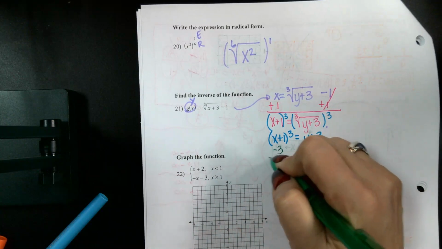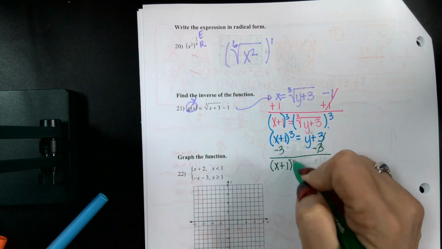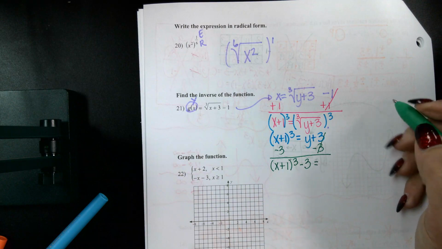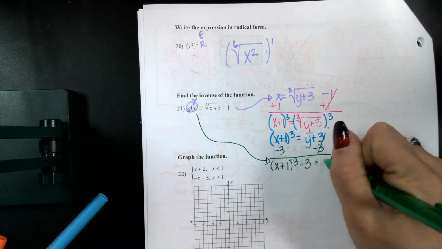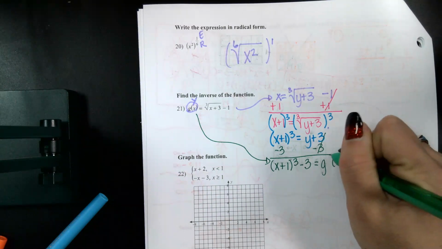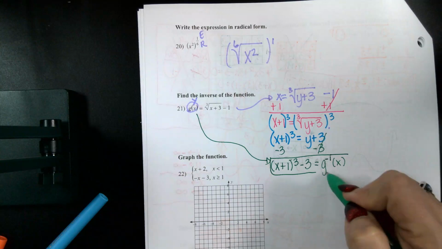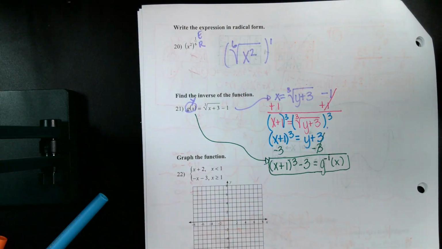Subtract the 3, and it does not pair up with that 1. You just write it sideways. X plus 1 to the third minus 3, and then instead of putting equals y, we put that function notation, the g of x, but since it's the inverse, you've got to have that little -1 as the exponent. So g with the exponent of -1 of x. That just means inverse.